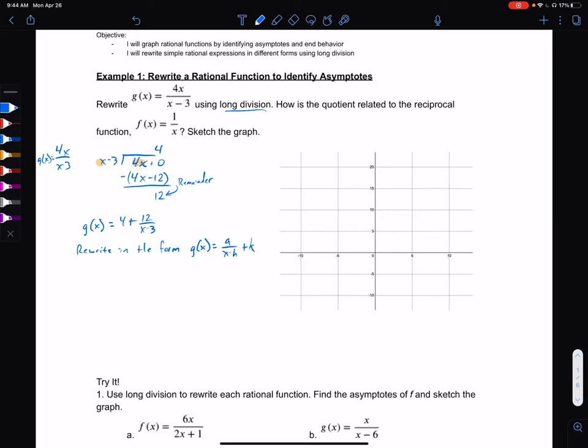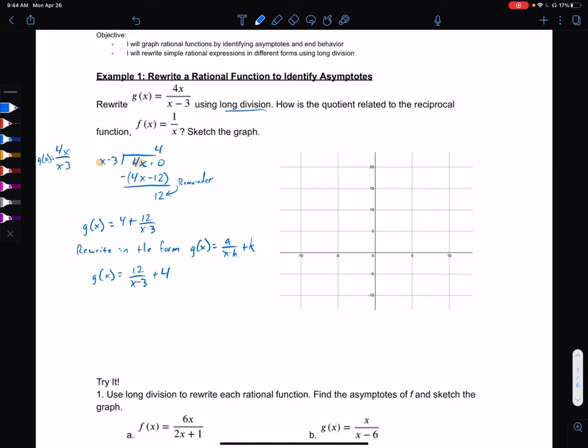And this is what we covered in the last section, where this tells us vertical asymptotes with shifts left and right and things like that. So when we rewrite this, we now have g of x is equal to 12 over x minus 3 plus 4. Right? So I was just able to move that 4 to be the second term, rather than in the beginning, and that puts it in place of k.